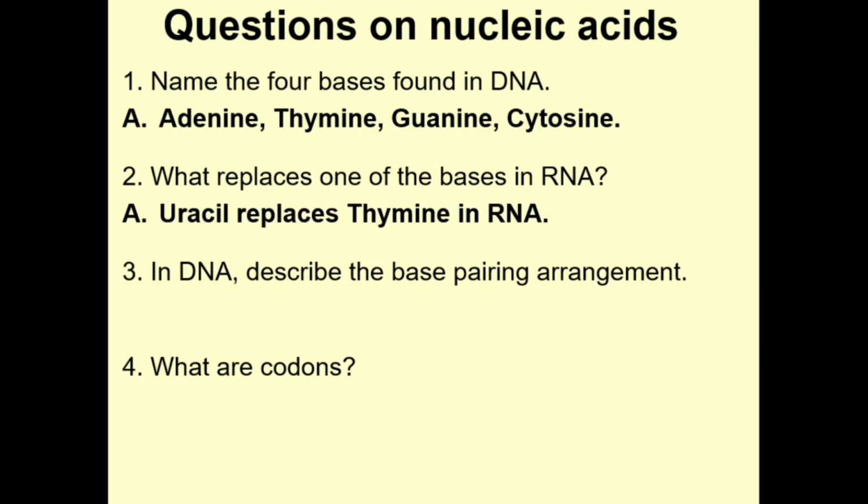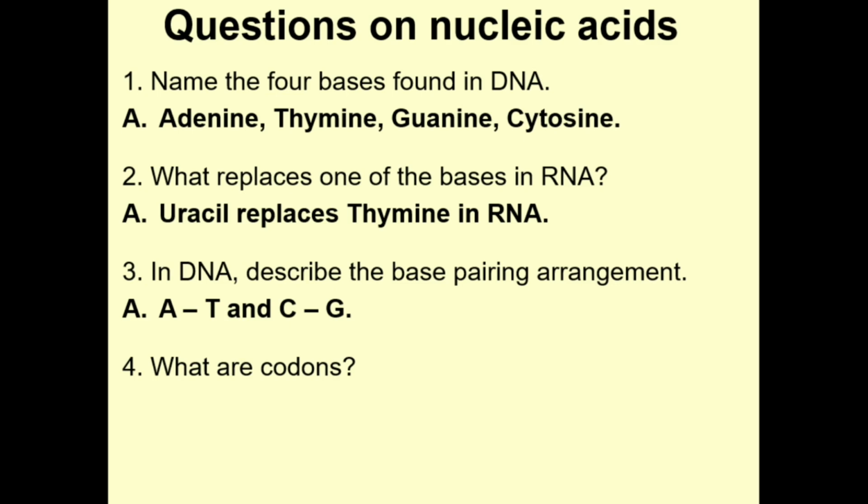Well, hopefully you remembered that uracil replaces thymine in RNA. So U replaces T. And then in number 3, in DNA, describe the base pairing arrangement. And that is A to T and C to G.